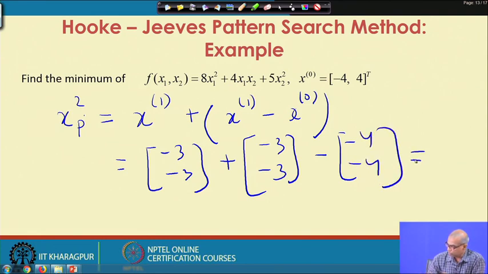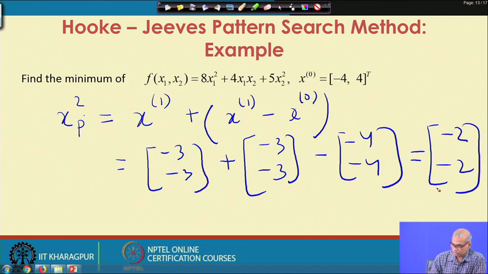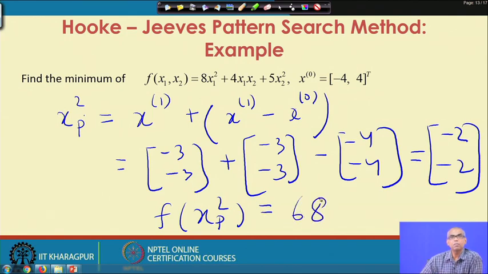So, if you compute, it is -2, -2. The function value at this point, you calculate now, and it is 68. So, the pattern move has improved the function.